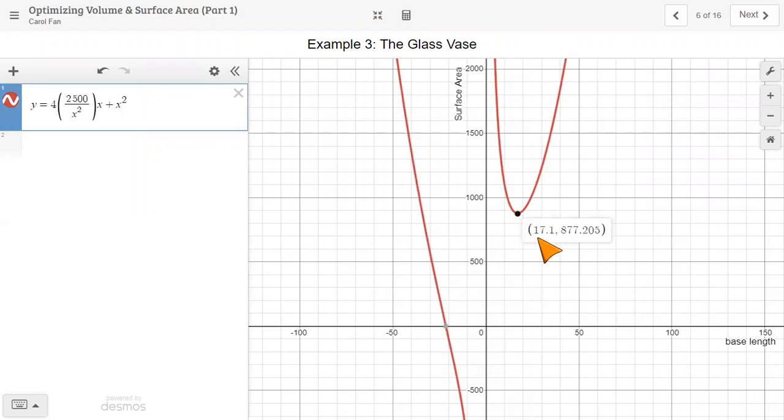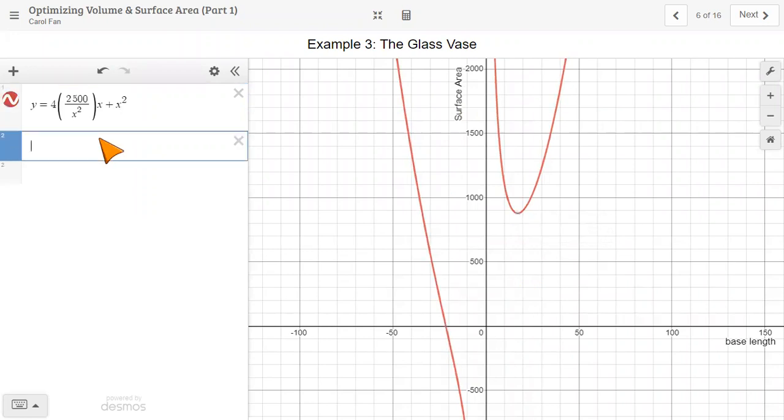So let's find our value. Minimum value is 17.1 and the other coordinate, 877.2.